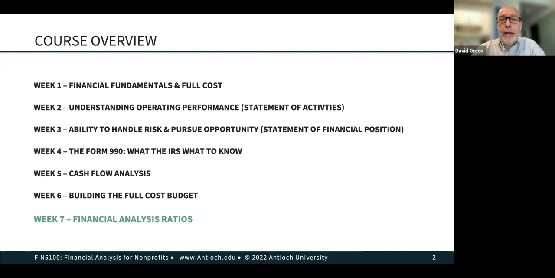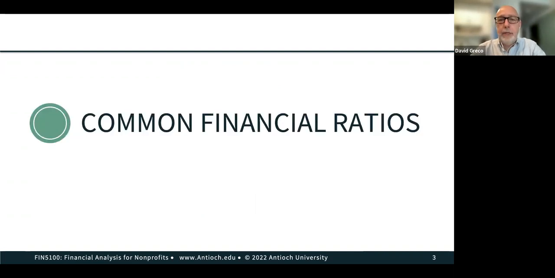So today I really want to talk about one of the things that you see in nonprofit finance, and a lot of people want to use ratios. And there are some really good ratios that I think are effective. And then there are some ratios that aren't really going to give you the data that you think they're going to give you.